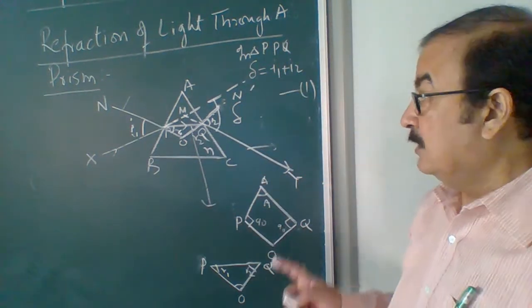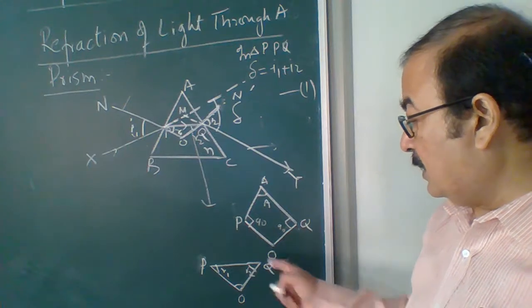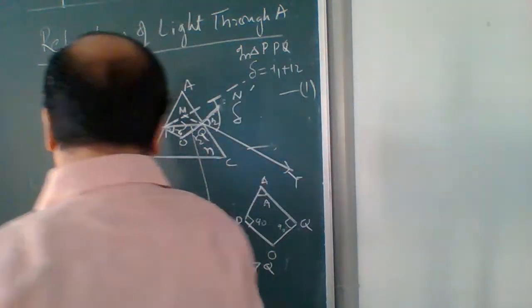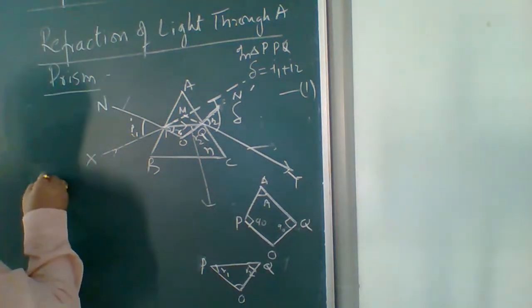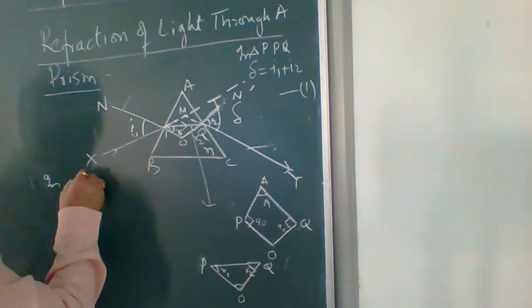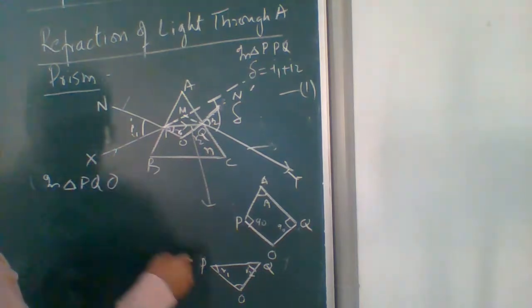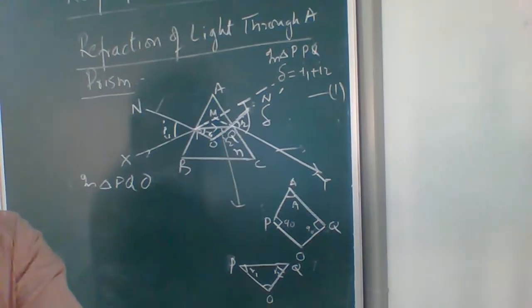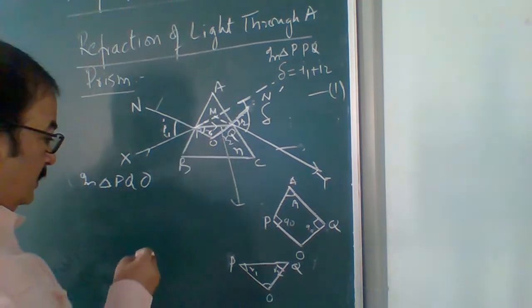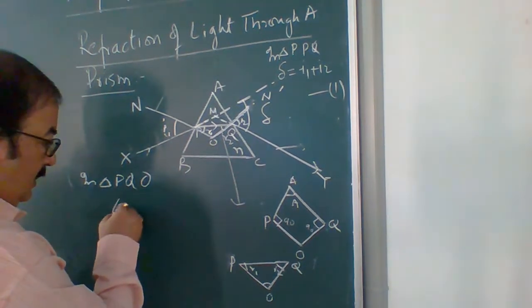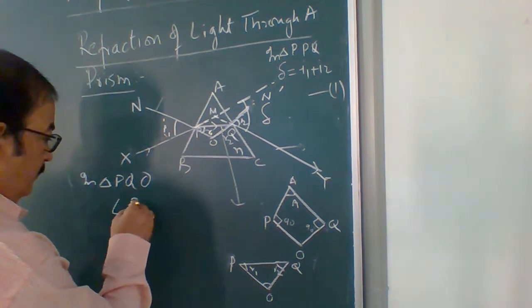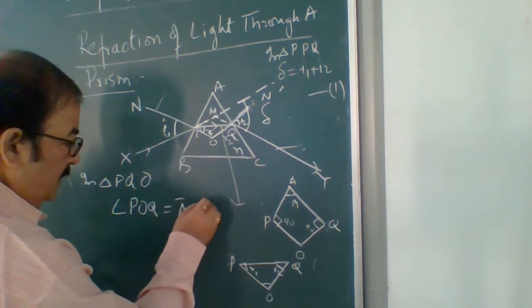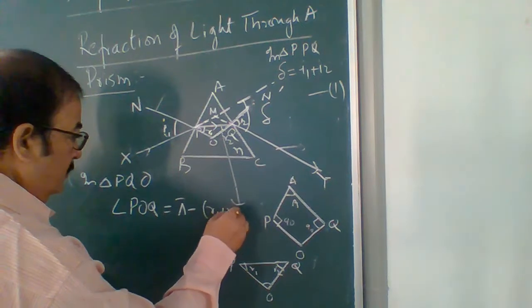Okay. Now let us take this triangle PQO. What happened? You can just observe that angle POQ equals pi minus (R1 plus R2).